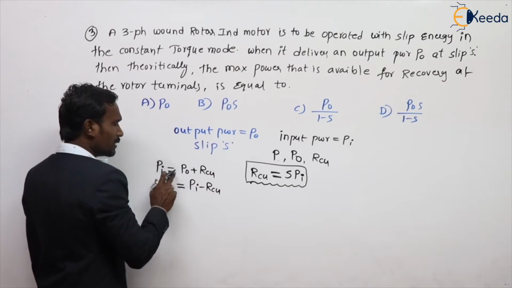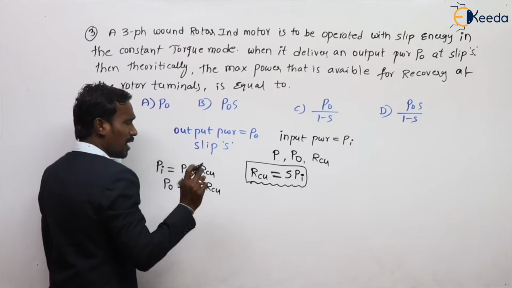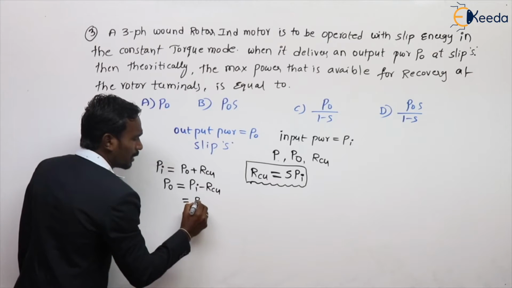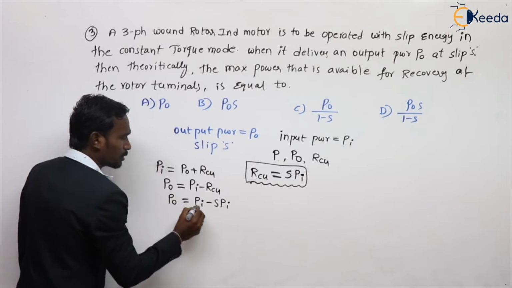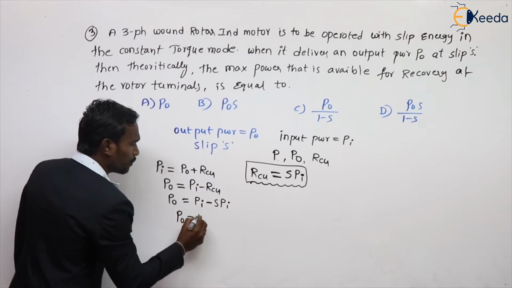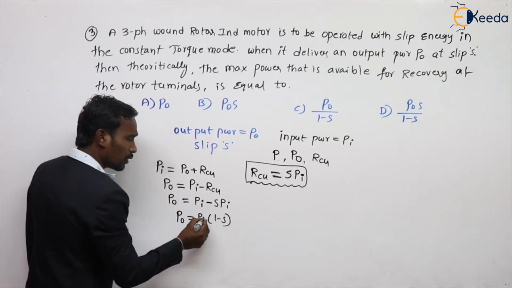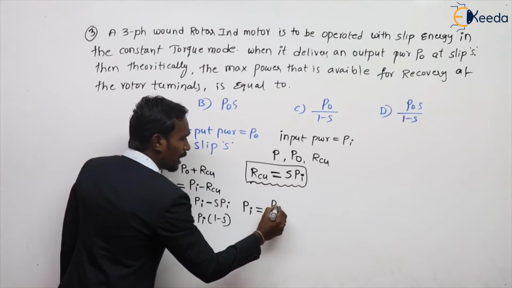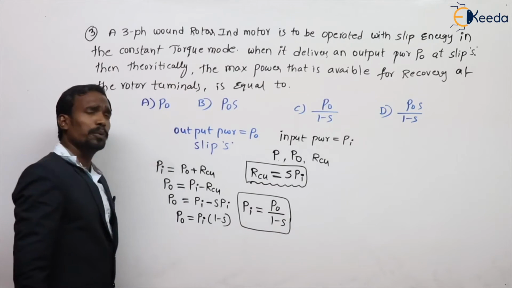Rotor output is equal to rotor input minus S into rotor input, nothing but rotor output is equal to rotor input into 1 minus S. From this, rotor input is equal to rotor output by 1 minus S.